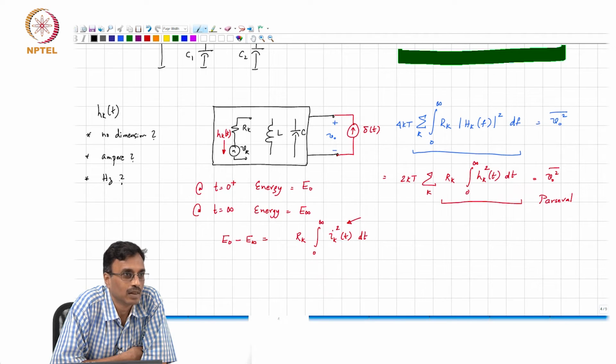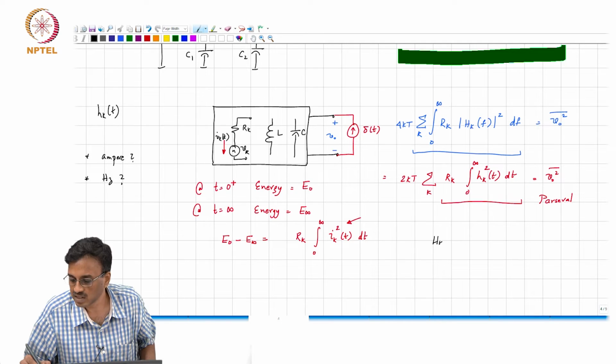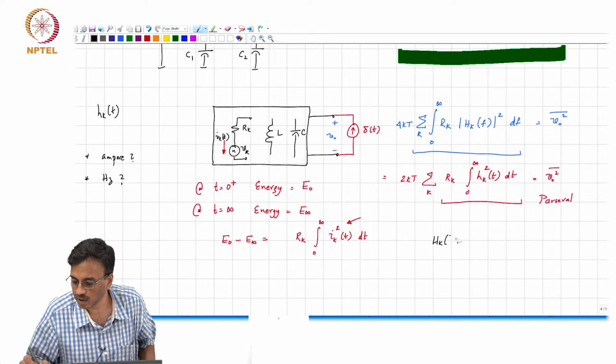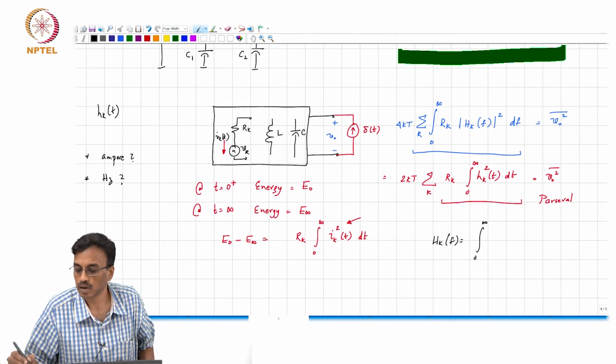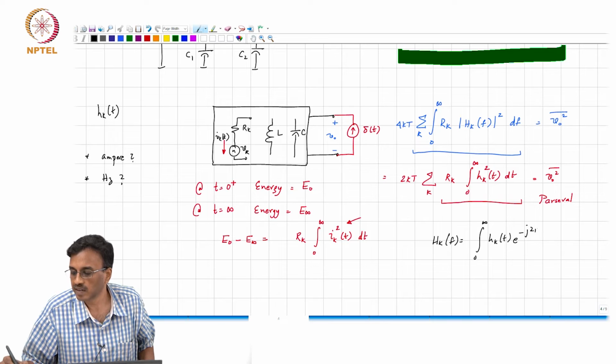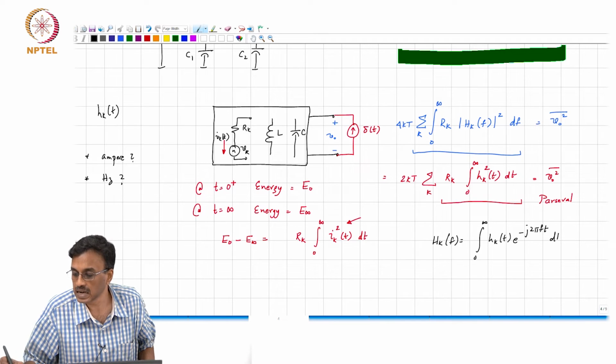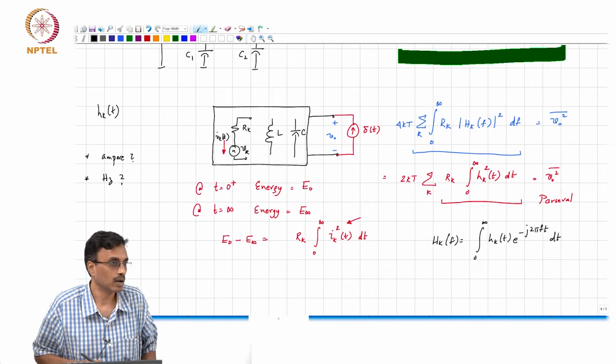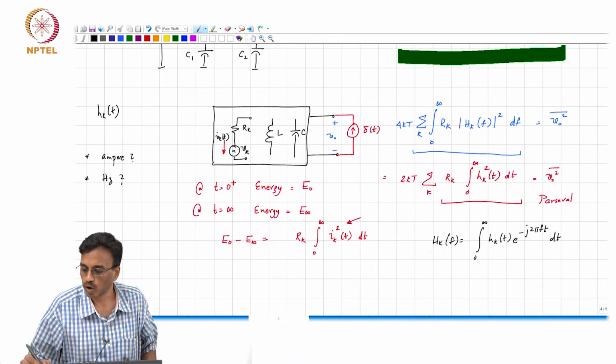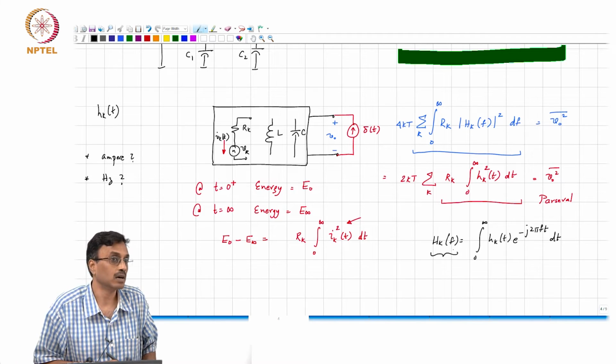Come on, people. Can we decide? Hk of j2 pi f, or hk of f, is nothing but the Fourier transform of hk of t, e to the minus j2 pi f t dt. All right. So, what are the dimensions of hk of f?